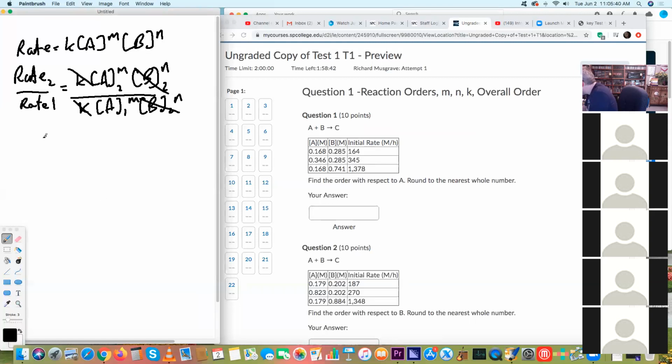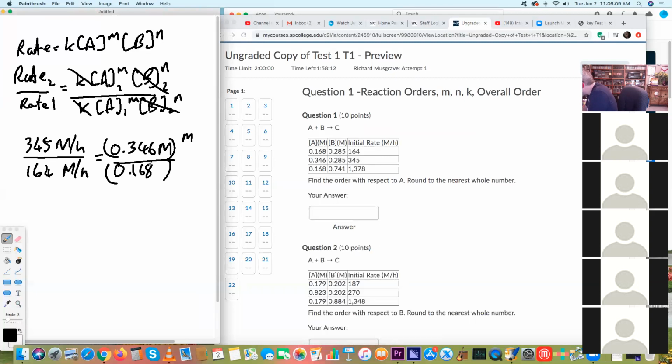It's going to be 345 molar per hour over 164 molar per hour. And that would be, let's see, [A]2 is 0.346, and that's to the power of m, over 0.168, and that's to the power of n.